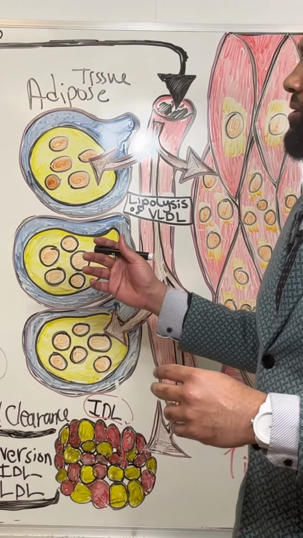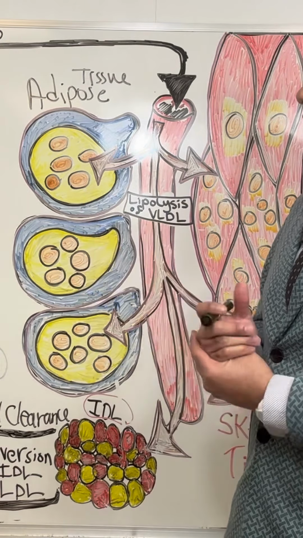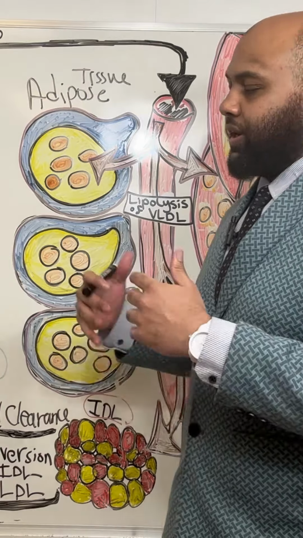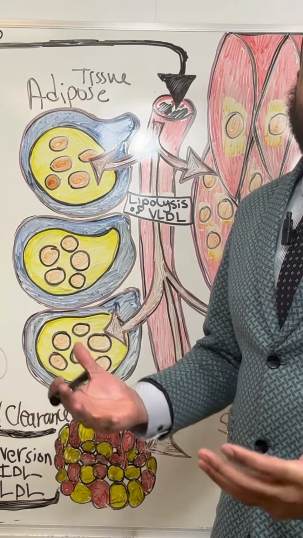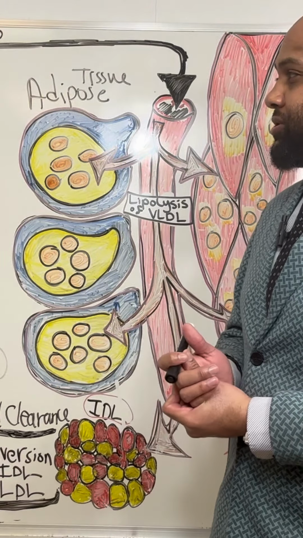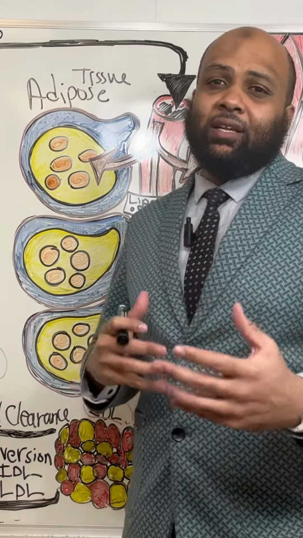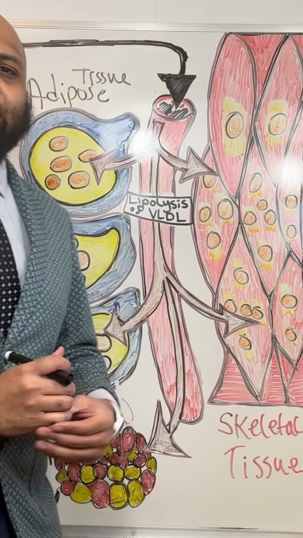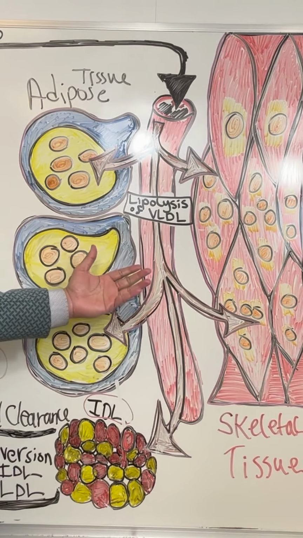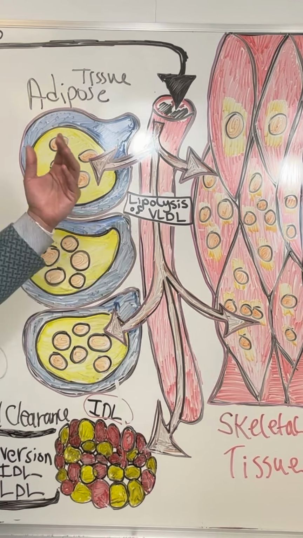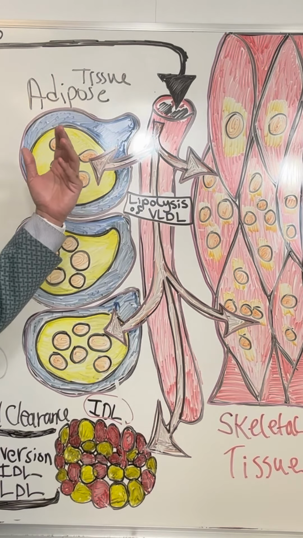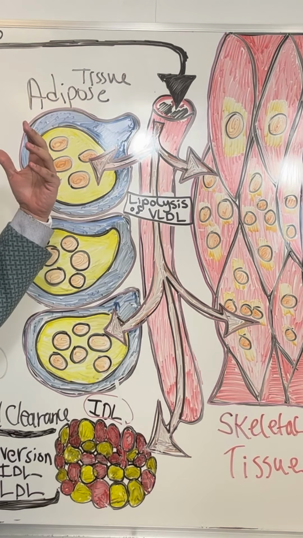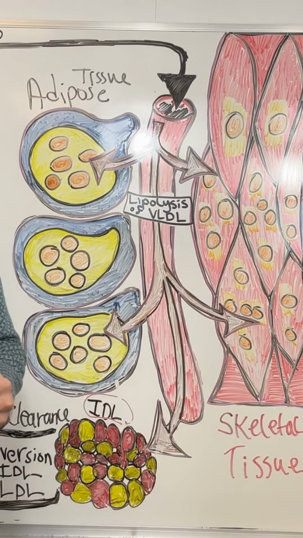What is the relationship between the liver cell hepatocytes and the metabolism of cholesterol esters, triglycerides, and the packaging and the preparations of these lipoproteins and delivering them to the fat tissue, the adipose tissue, as well as the blood vessels, and delivering the cholesterol, which is a form of energy, to the skeletal muscles. And then we're going to look in depth.